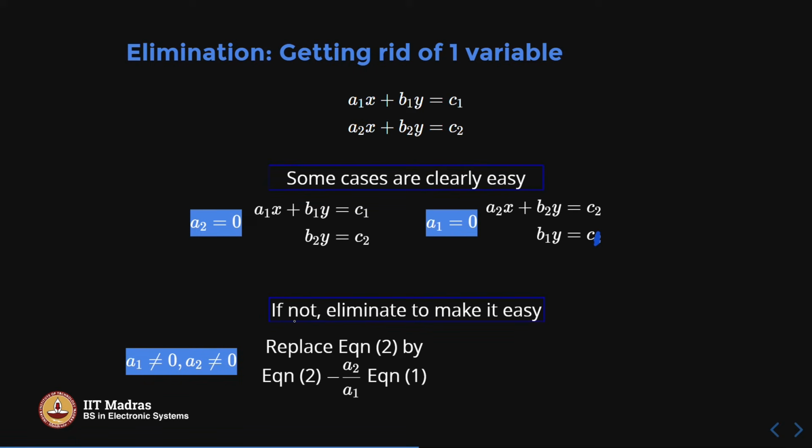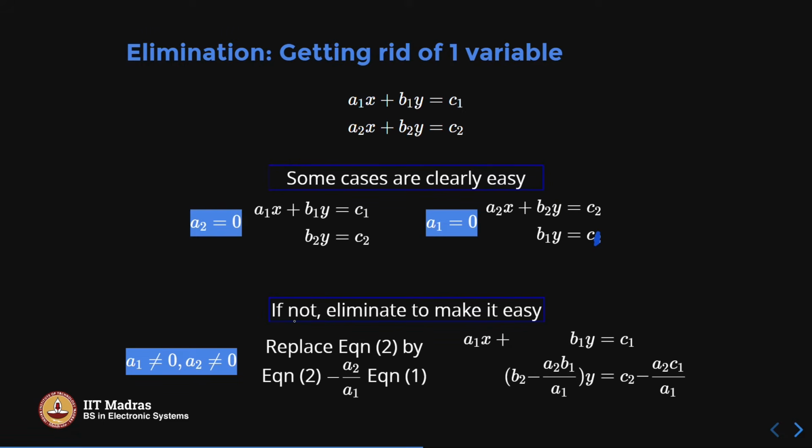Basically, I'm replacing equation 2 by equation 2 minus a2 by a1 into equation 1, and just like I showed you, I end up with two equations now. The first equation is as it is. I'm not replacing it with anything: a1x plus b1y equals c1. Guess what the second equation is? Second equation has just one variable in it. x is gone.